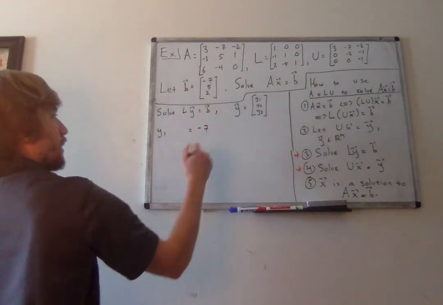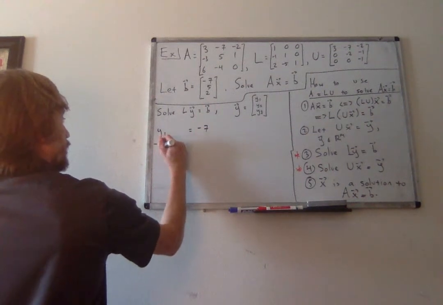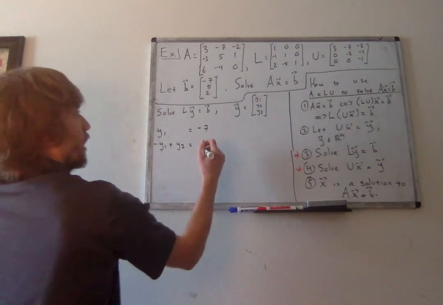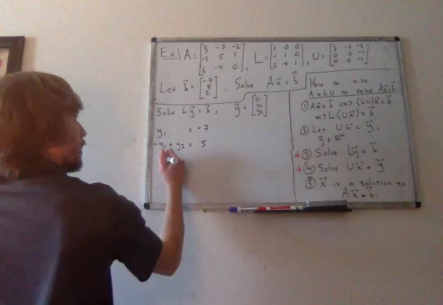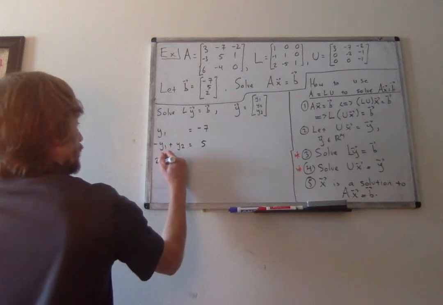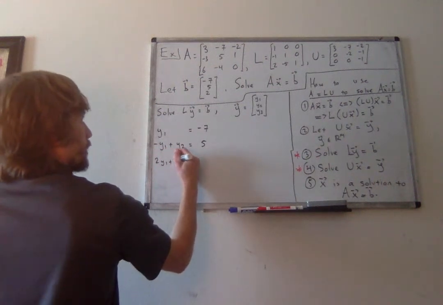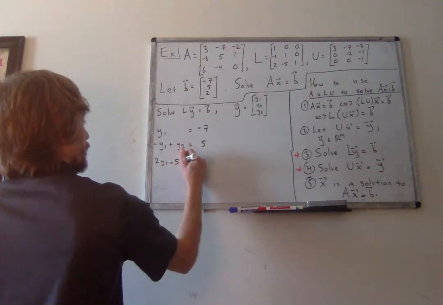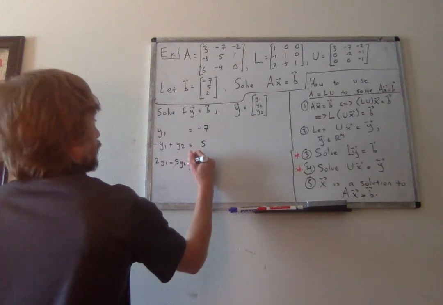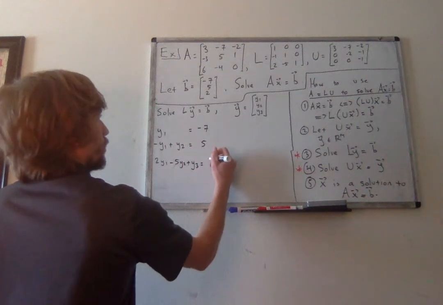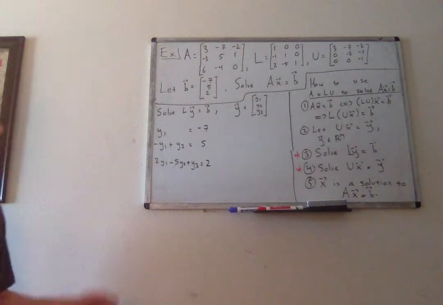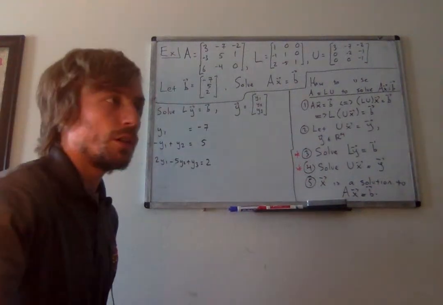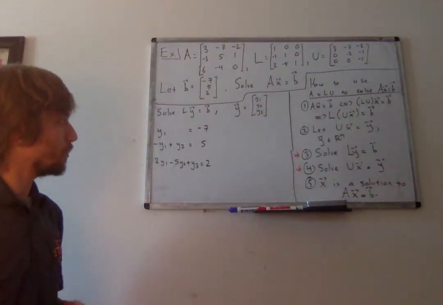So I get y1 equal to -7, negative y1 plus y2 equals 5, and 2y1 minus 5y2 plus y3 equals 2. So this would be very easy to solve using a small number of row reduction steps.